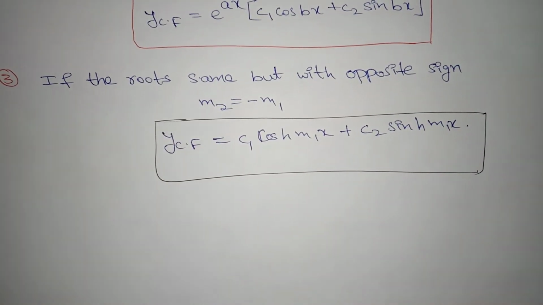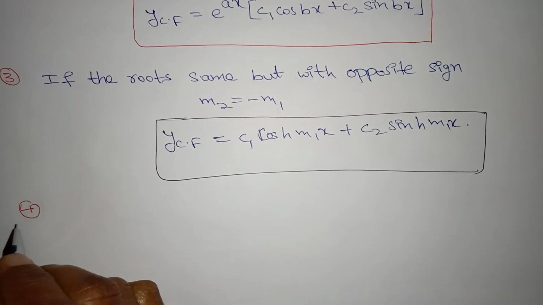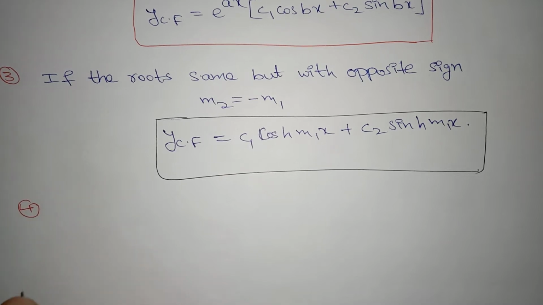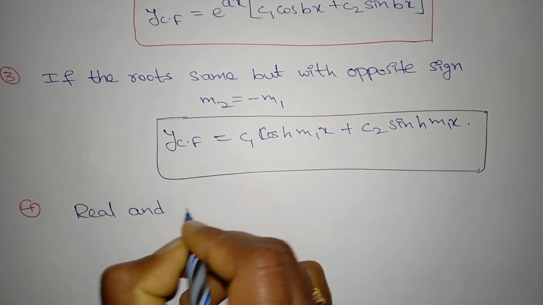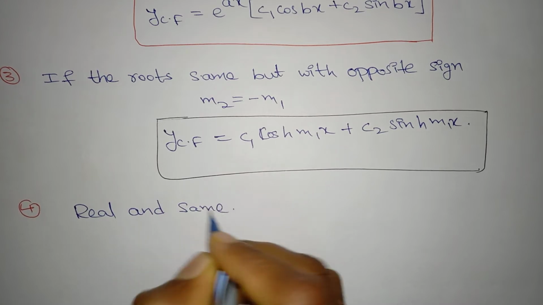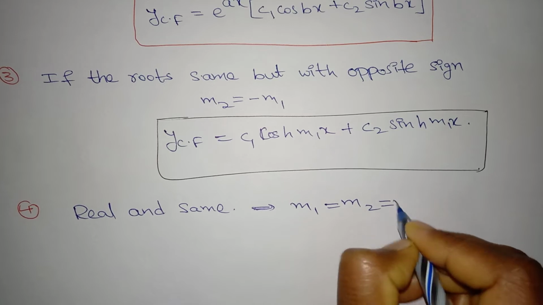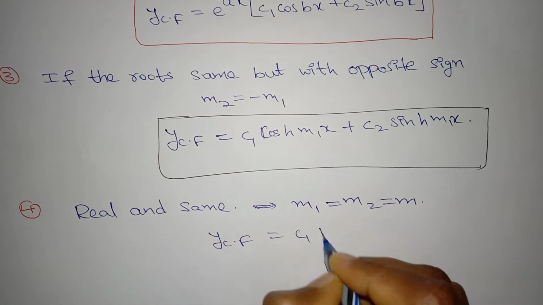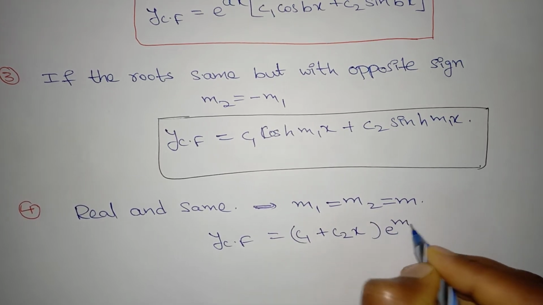Now the fourth rule is, if the roots are real and same, that is, if m1 equals m2 equals m, then the complementary function can be written as c1 plus c2x into e power mx.